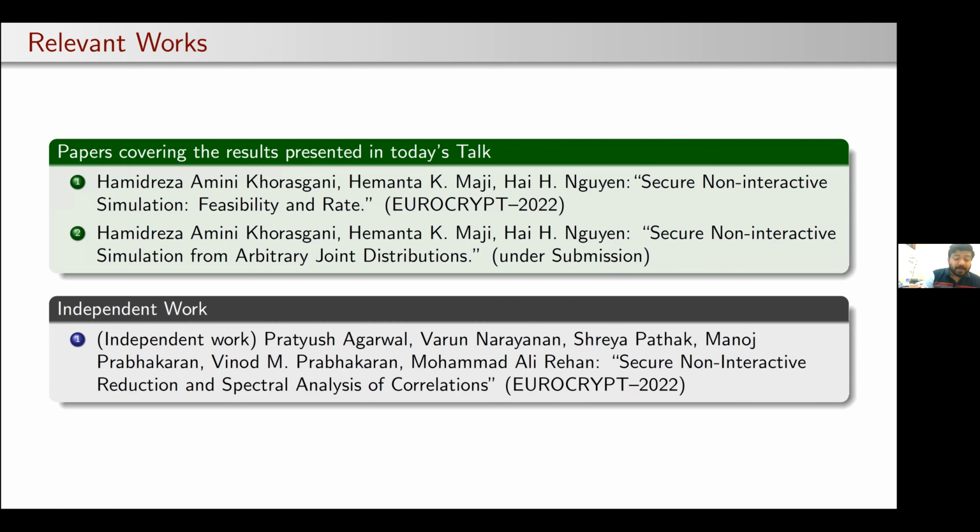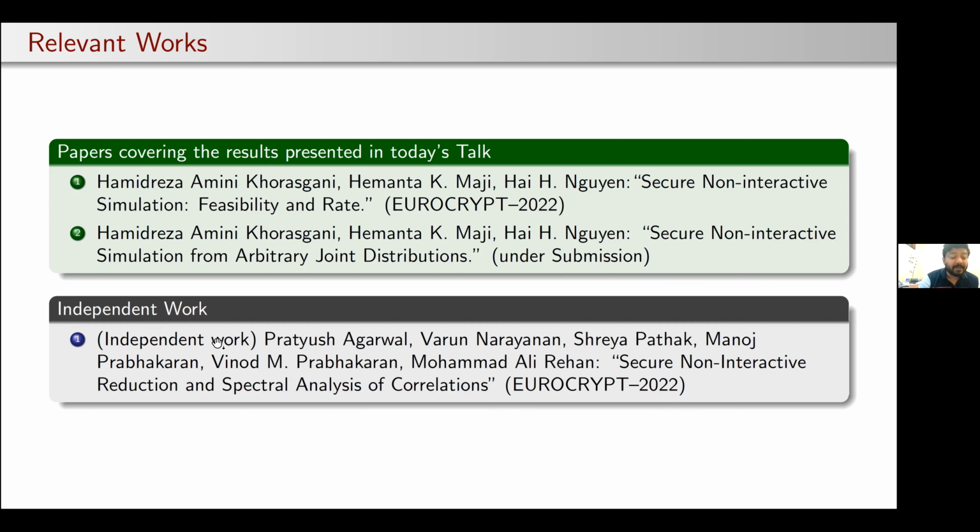So now we are moving to the technical part of the talk. The results that I cover in this talk will primarily be from two of our papers. The first paper is accepted to appear at Eurocrypt this year, and the second work is currently under submission. An identical primitive was also independently proposed by Agarwal, Narayan, Pathak, Prabhakaran, and Rehan, and this work also appears at Eurocrypt 2022.